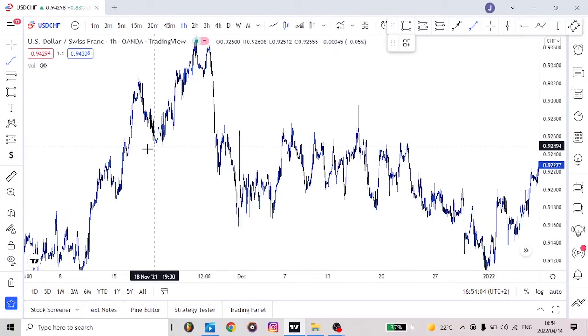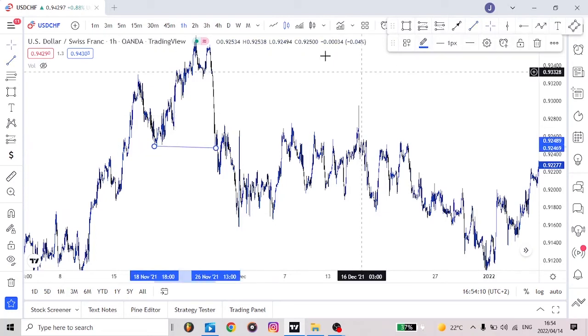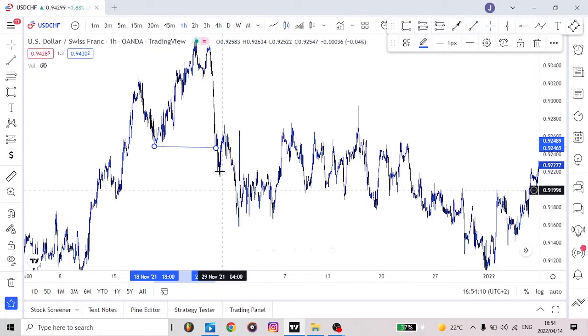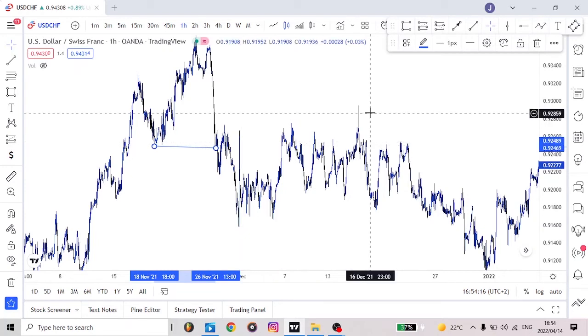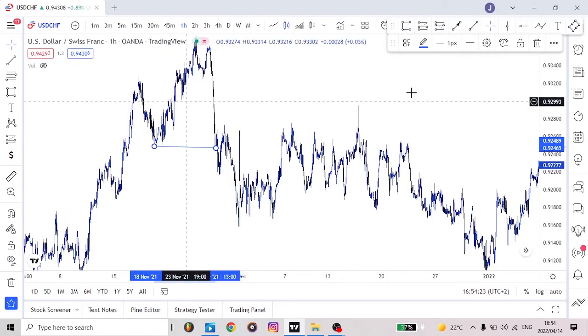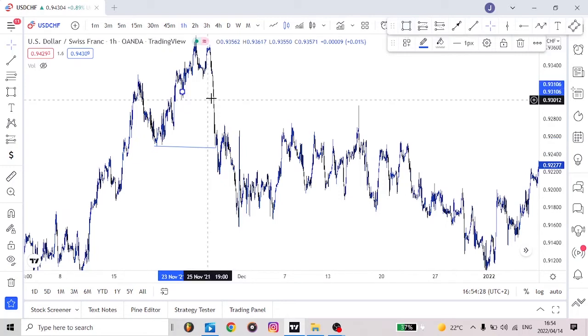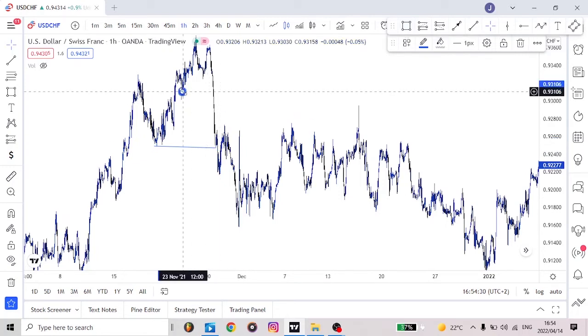Here we had a change of character, and then we pushed to the downside, and then to the downside again, and then this part here came to this level here. If you check, it qualifies to be a breaker block.